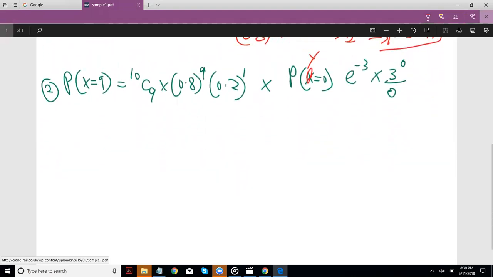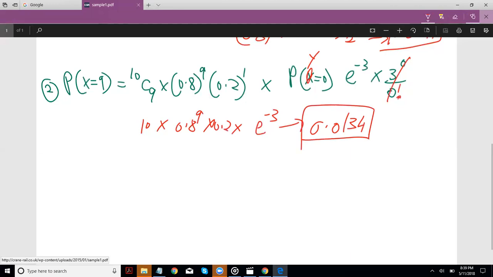Combination 2 was where x is 9 and y is 0. Where y is 0, 3 raised to the power 0 is 1, and 0 factorial is also 1. So this can simply be crossed out as 1, which gives you e to the power minus 3 times 10C9, which is 10. You pop this into your calculator to get 0.0134.